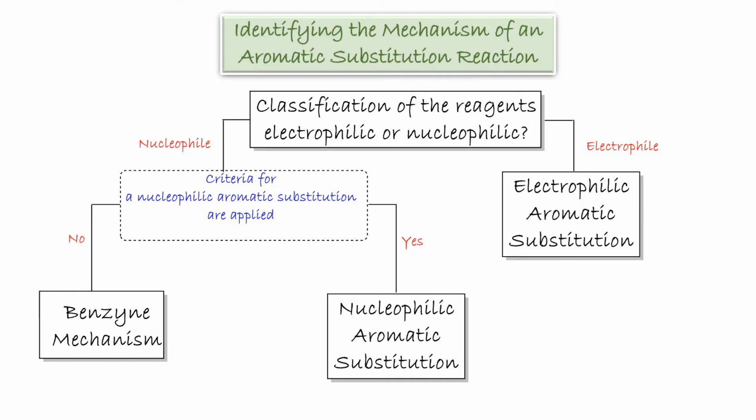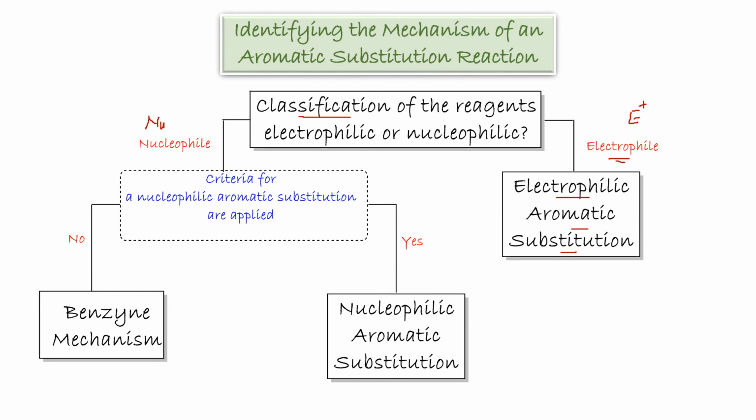To identify the mechanism of an aromatic substitution reaction, first classify the reagent. Is it an electrophile, an E+ reagent? If so, then you have electrophilic aromatic substitution. Or the reagent is a nucleophile.